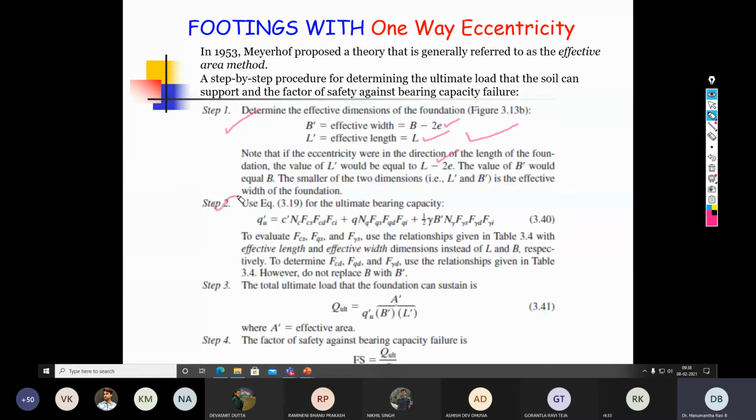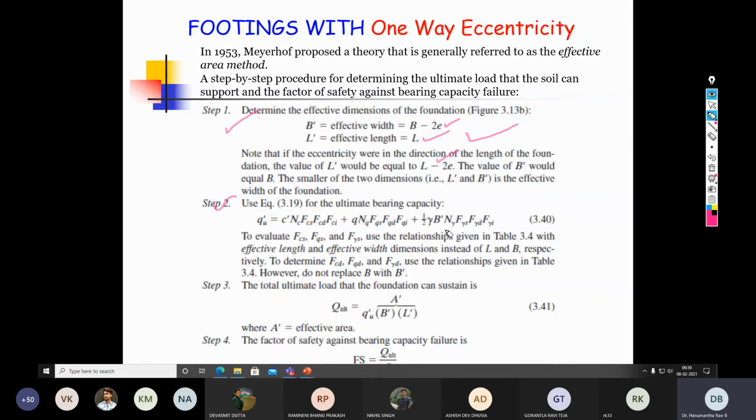In step number 2, if you look at the equation, Q ultimate is nothing but c Nc Fcs Fcd Fci plus q Nq Fqs Fqd Fqi plus the third term, with the shape factor, depth factor and inclination factor.